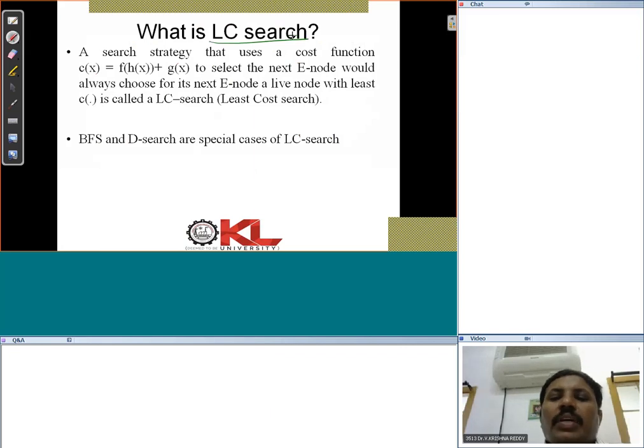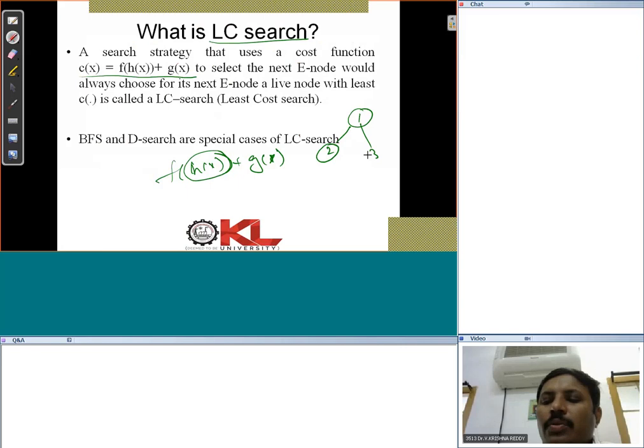There is a function for representing the cost here. The cost function is c of x equals f of h of x plus g of x. Suppose from node 1 we go to node 2 and node 3, and from node 3 to node 4 and node 5. Assume one of them is x.